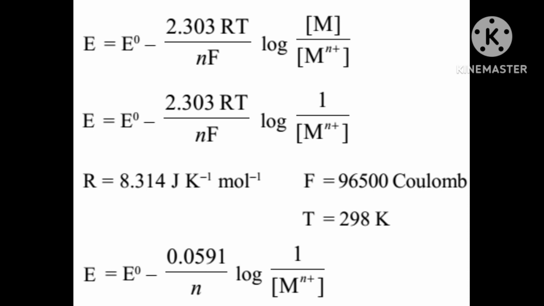Then it became a cell. You know that first you have to write oxidation and then reduction. Don't forget, you have to write the cell expression in this way only. First anode, after that two vertical lines, and then cathode. First anode, then cathode.